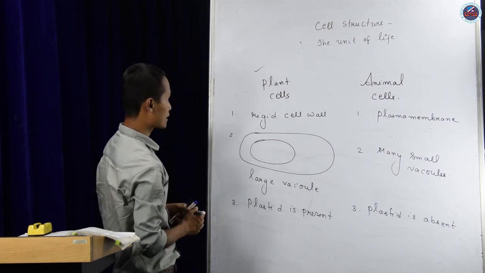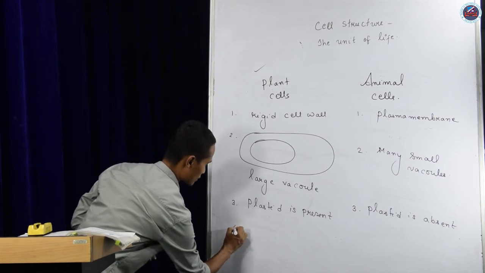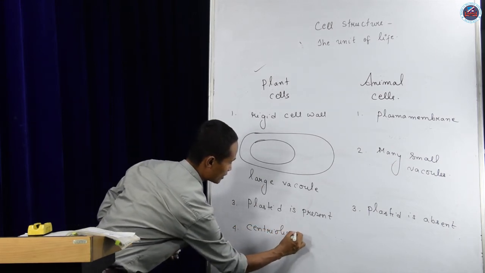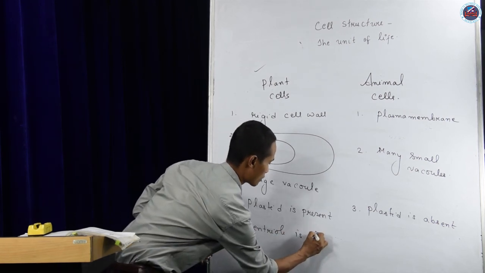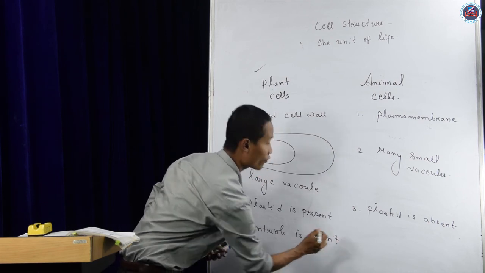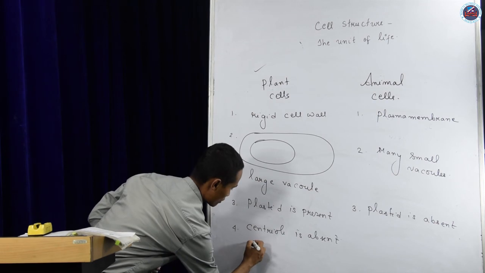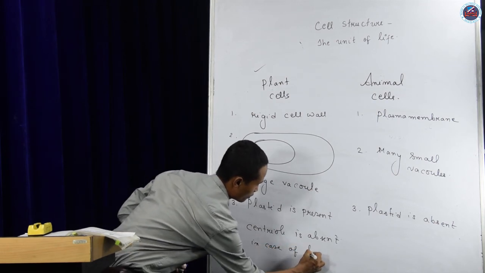Now, as I discussed already, in the case of plant cells, centriole is absent, but you will find it in the case of lower plants.